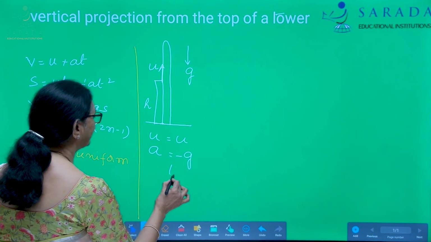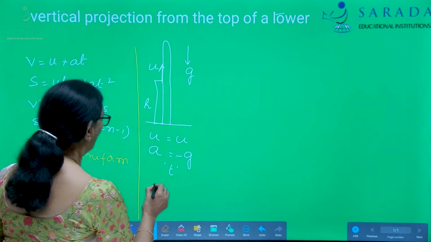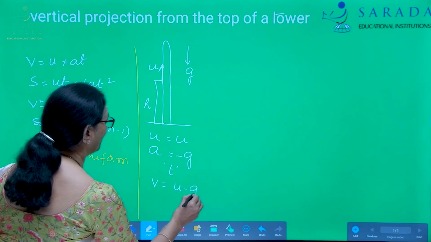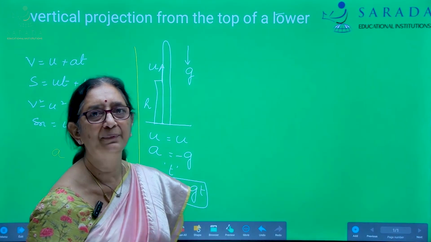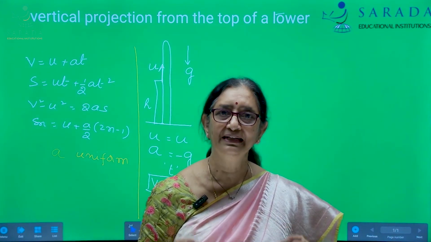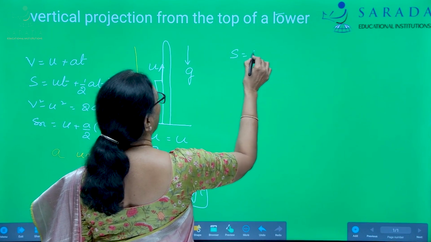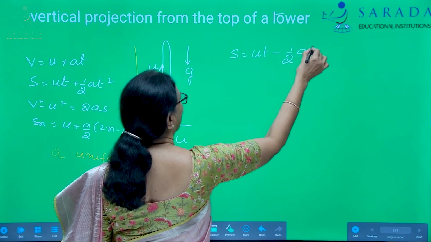At any instant of time, if you are asked to find the velocity, we take the equation v = u minus gt. If you are asked to find the displacement of the stone, s = ut minus half gt square.